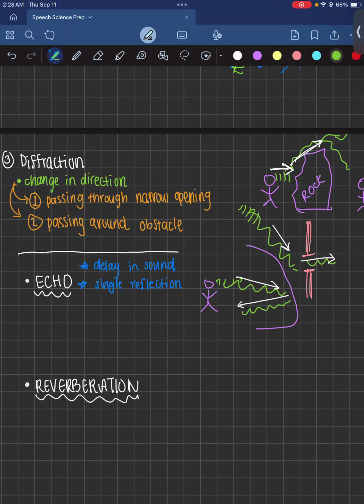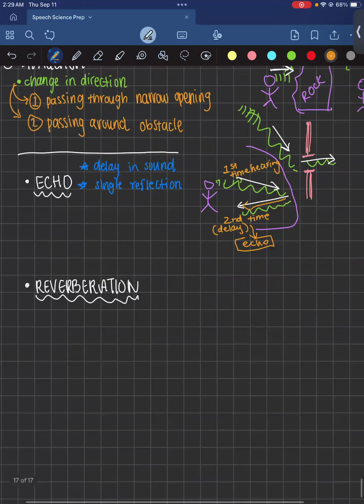The first time that I hear the sound is right when I speak it. My eardrum vibrates when I say some sound, so the first time I hear it, it's going to be here. But when this sound bounces back, this is going to be my second time hearing it, but with a delay. So this delayed sound is called the echo. Okay? So it's a delay in sound.